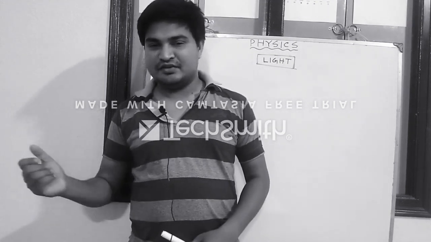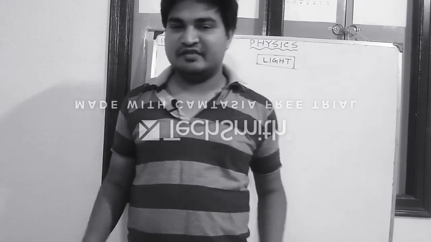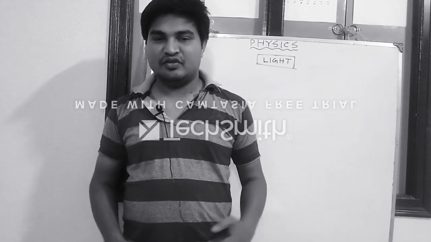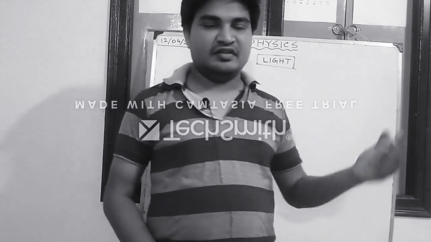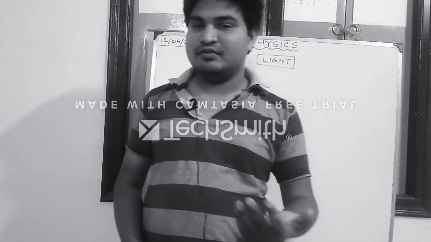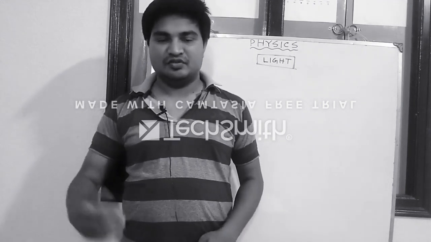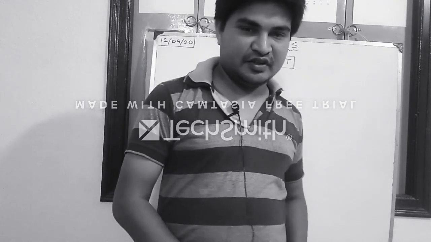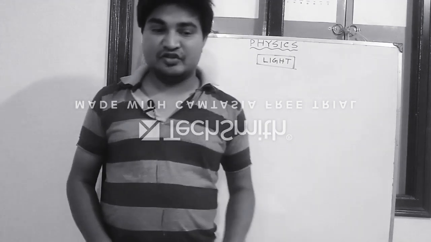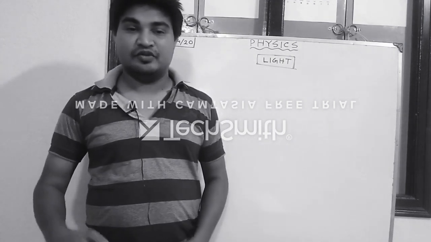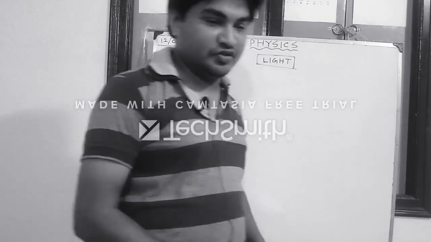But if I say about the moon, we all know the moon does not have any light. What actually happens is the light energy of the sun is reflected by the moon, so that we are able to see the moon. So the objects which actually have no light or can't produce light are called non-luminous sources.